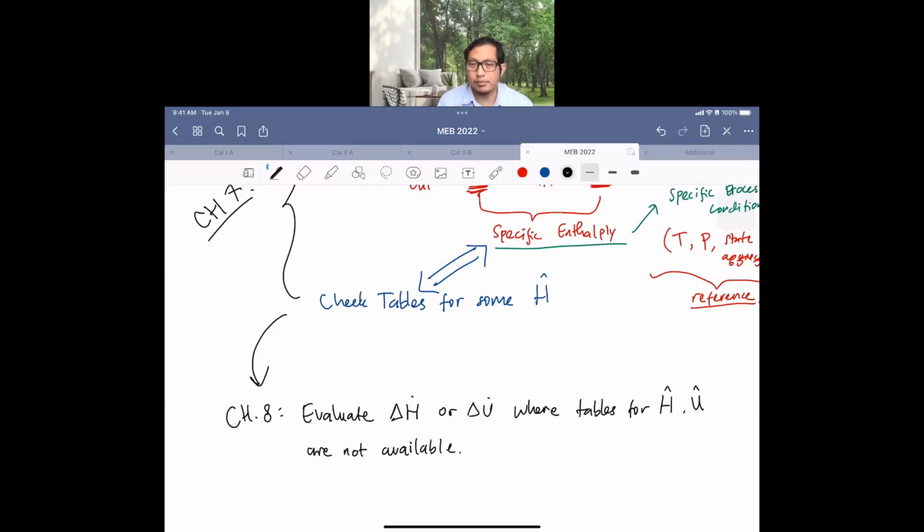So this is the problem in chapter 8 actually. This is the story behind. So we need to evaluate the delta for enthalpy and internal energy, where we are not having any tables for their specific enthalpy or specific internal energy. Okay. So we are going to have some approach for this measurement.